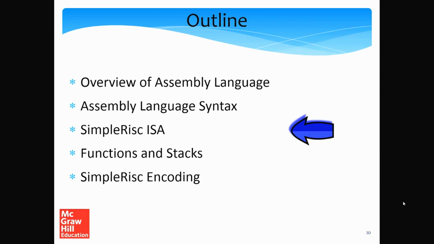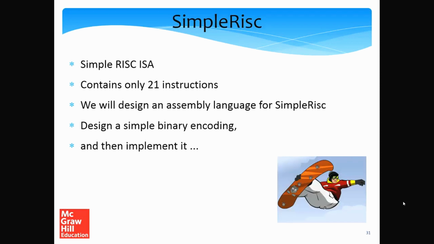So as we go through the next few slides, we'll see what it takes to actually build and design an assembly language, and we shall look at the nitty-gritties of designing one such language. So let's take a look at simple RISC. As the name suggests, it is a very simple assembly language, one of the easiest to learn.